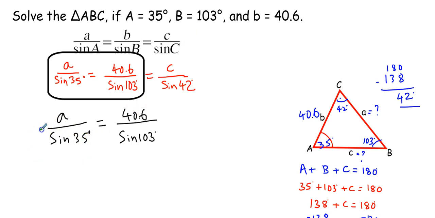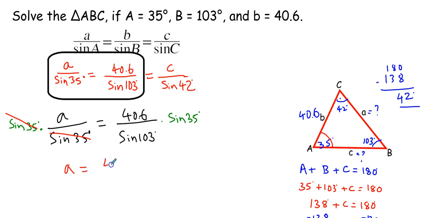I can cancel out this sine 35 from the denominator by multiplying with sine 35 on the left hand side. Because I multiply by sine 35 on the left hand side, do the same thing on the right hand side, that is multiply by sine 35. On doing that, I got sine 35 cancelled here. So on the left hand side, you are left with only A.